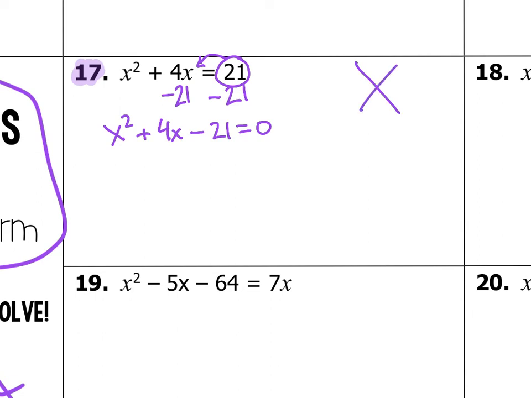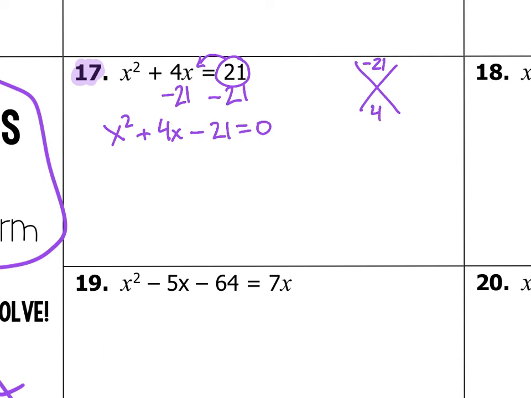So now what we need to do is factor it according to the steps. So factoring it, I'm actually going to use the x games because this is a trinomial. This is not difference of squares, and there's no greatest common factor. So we're using x games. Remember that. No difference of squares, no greatest common factor, x games. All right, let's see. My c is negative 21. My b is 4.